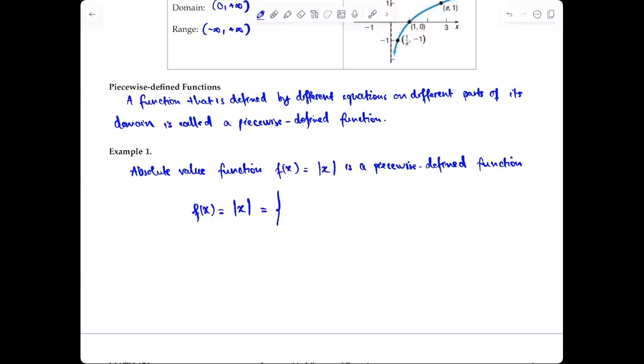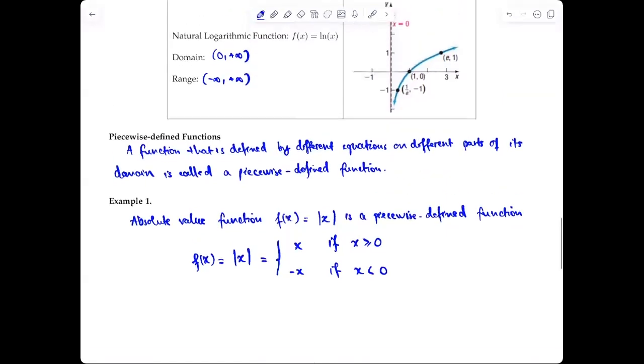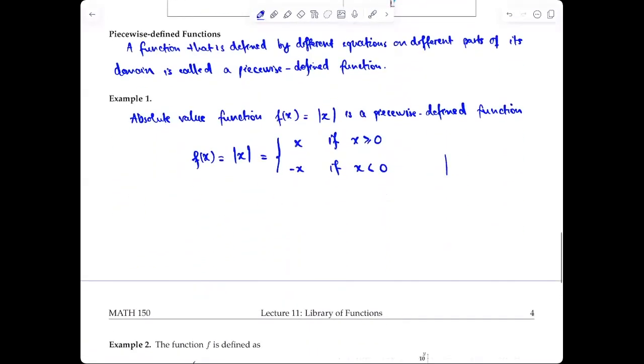The part that is x, if x is greater than or equal to 0, and negative x if x is less than 0. And again, the graph of the absolute value of x looks like this.